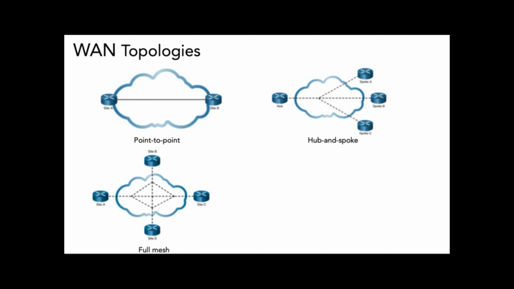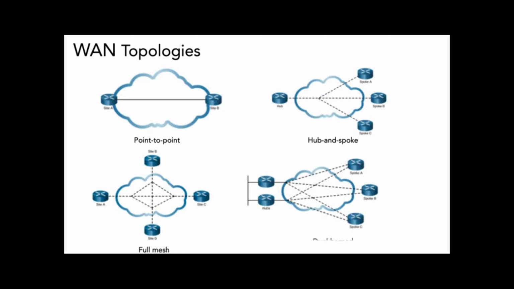With a full mesh topology, using virtual circuits, any site can communicate directly with any other site. And the fourth type of topology is dual homed topology. It provides redundancy and load balancing. However, the downside is it is more expensive to implement than single homed topologies.